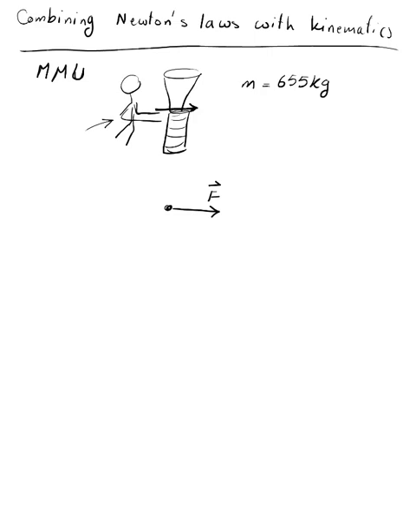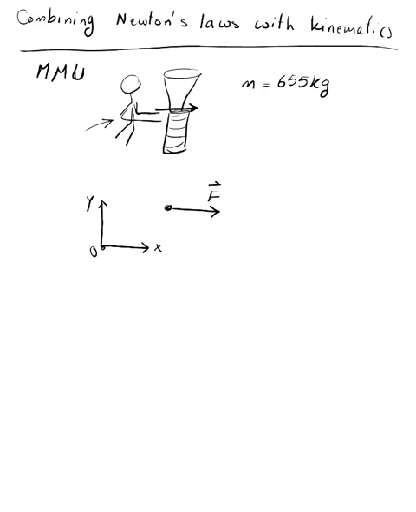Next, we're going to choose a convenient coordinate system. It's more convenient for me to consider the coordinate system like this, and this is the origin. So the x-axis points in the direction of the push.